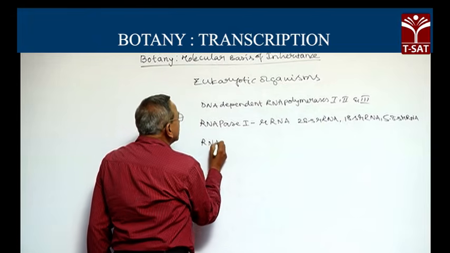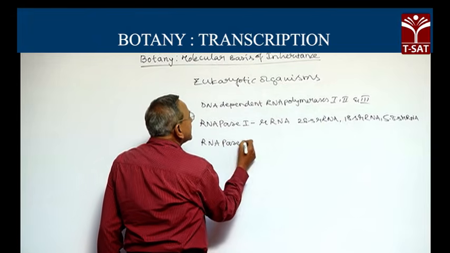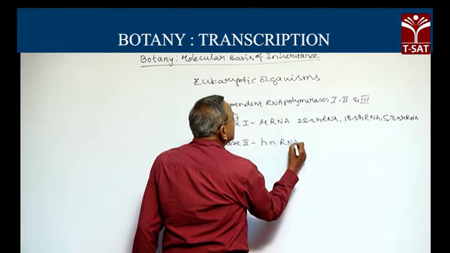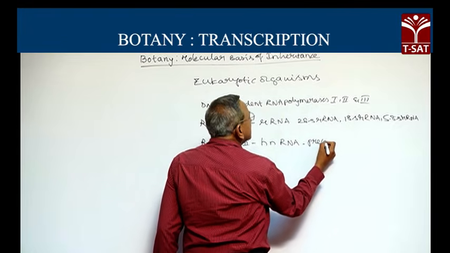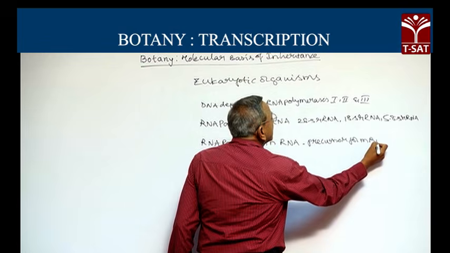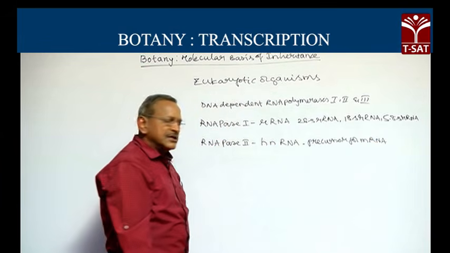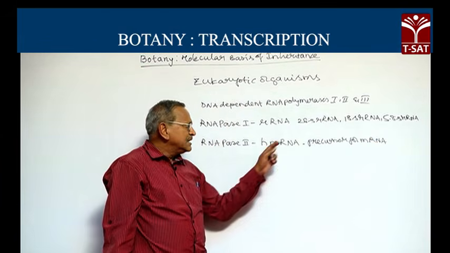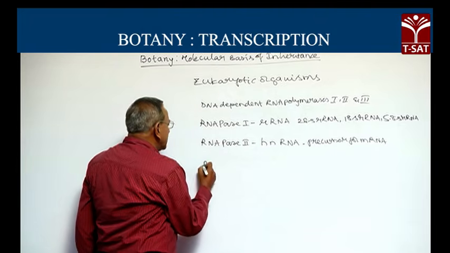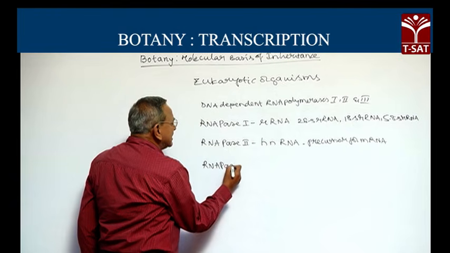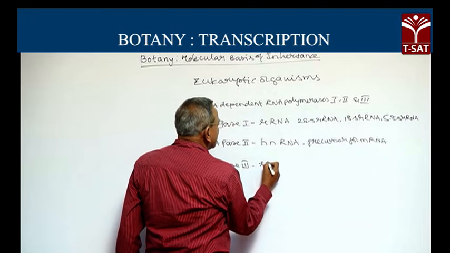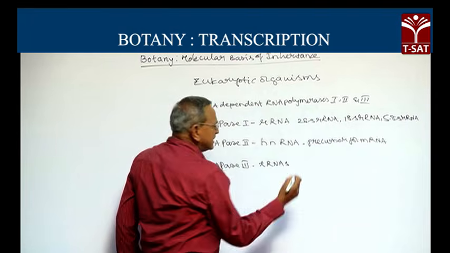RNA polymerase 2 transcribes for hnRNA. This is the precursor for mRNA. After processing, hnRNA will change into mRNA. Next we have RNA polymerase 3. This mainly transcribes for different kinds of tRNAs.